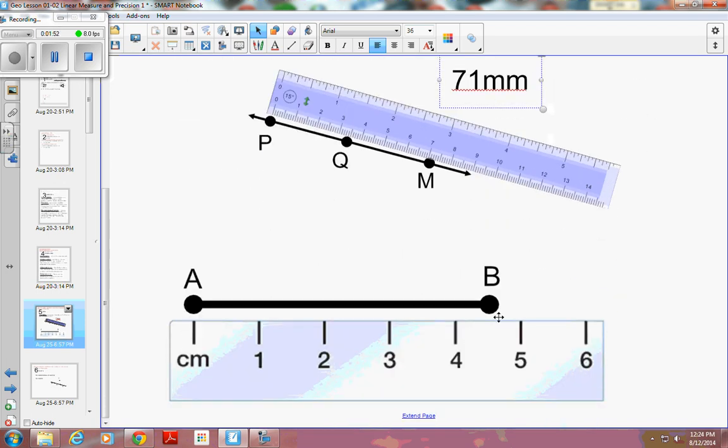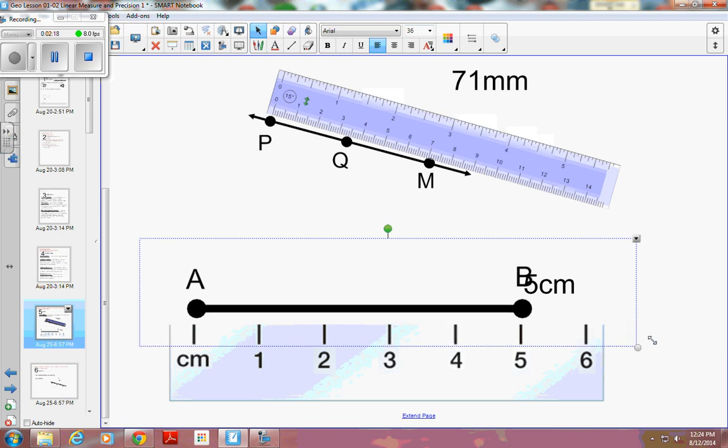So that means I should be able to figure out if we're going to call this 4 centimeters or 5 centimeters, based on am I over or under this halfway mark. Since I think I'm just over 4, I'm going to call this 4.5 centimeters, or I'm going to call it 5 centimeters. And that would be within a half a unit.